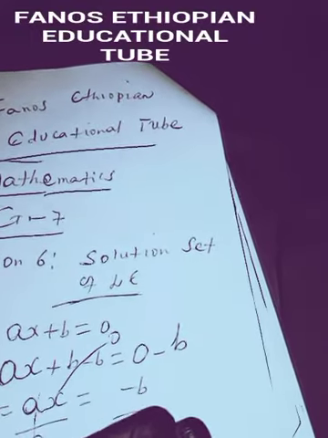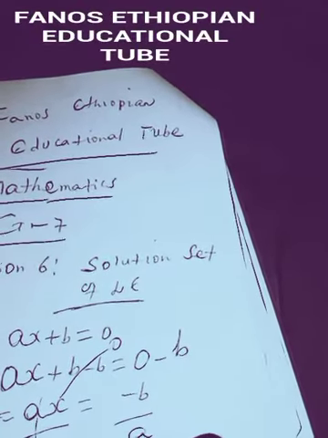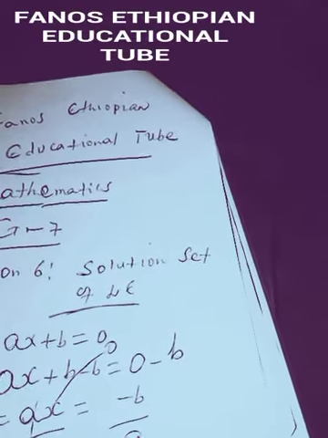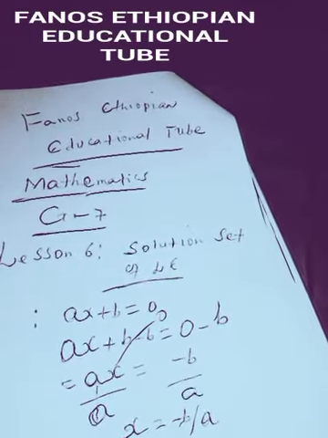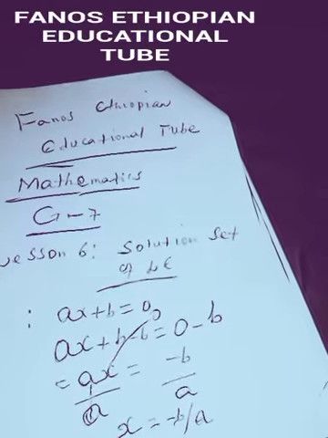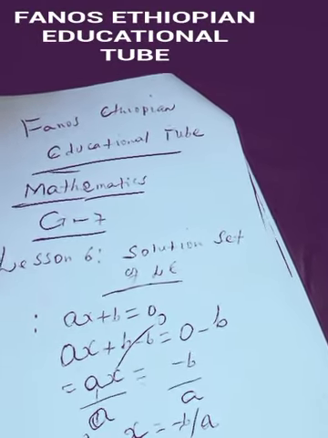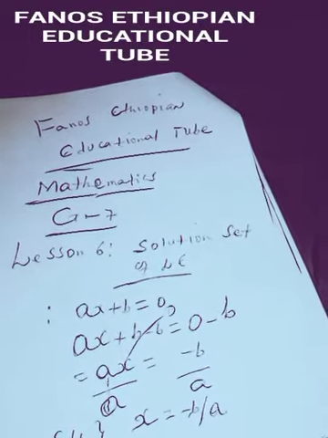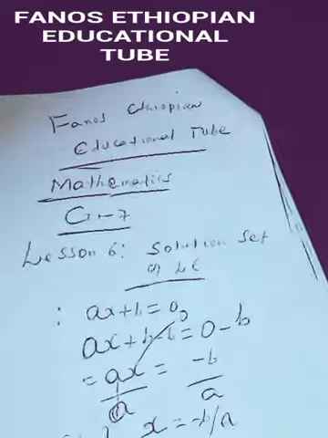This becomes 1. 1 times x is x. x equals minus b over a. So the solution set of this given linear equation is minus b over a.